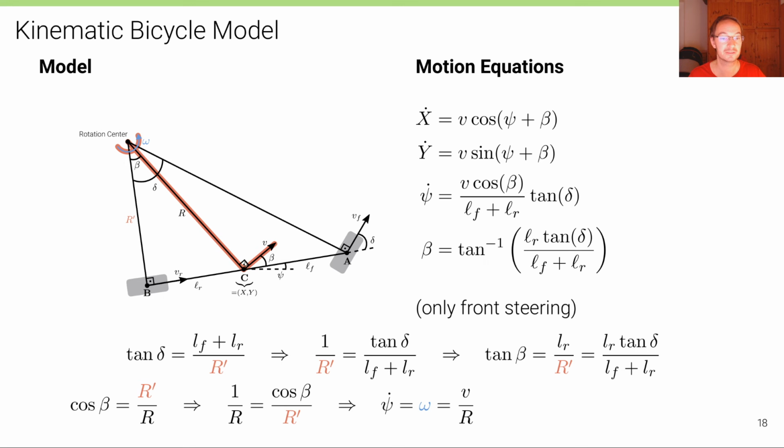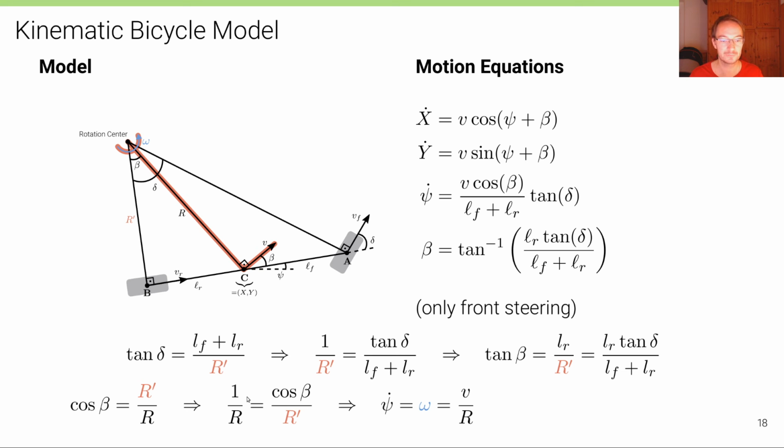So the length of this vector is simply the radius times the speed with which this lever rotates around the rotation center. The farther we are away, the larger that velocity is. So we see we have the angular velocity equals the velocity at that point divided by the turn radius r.